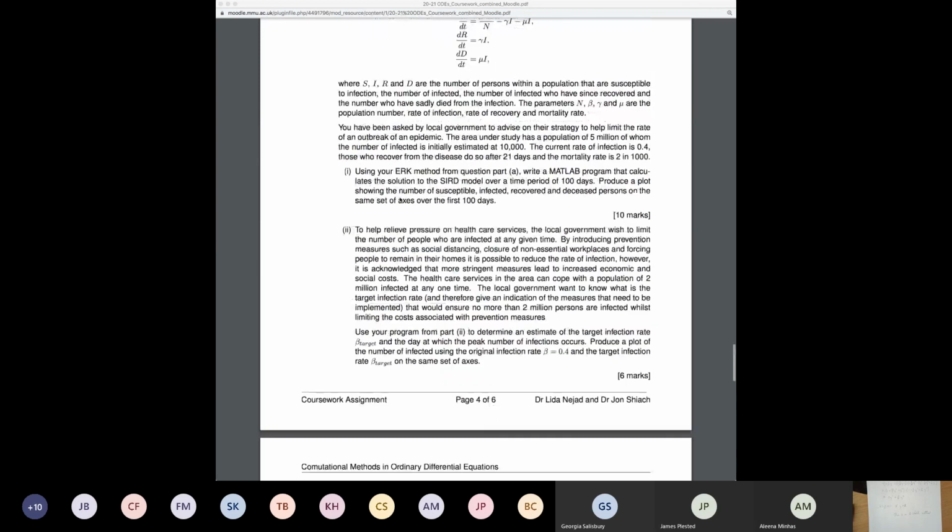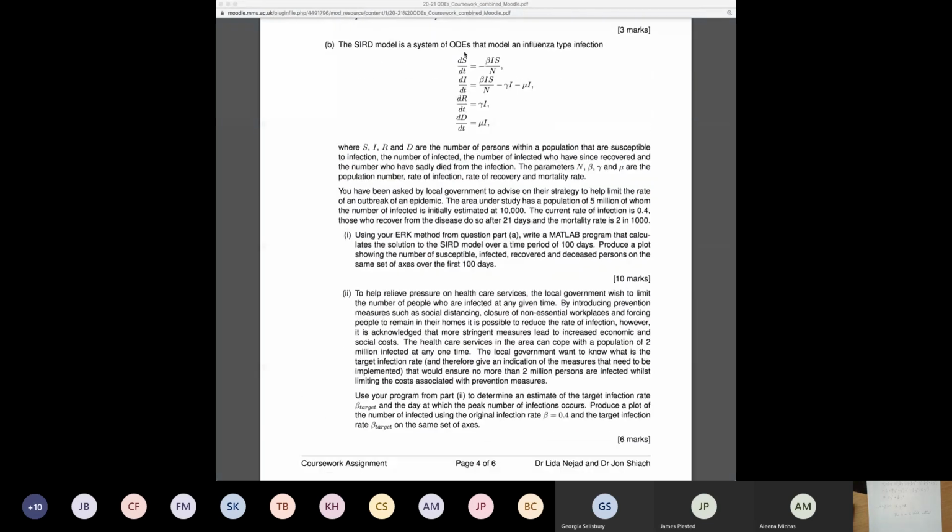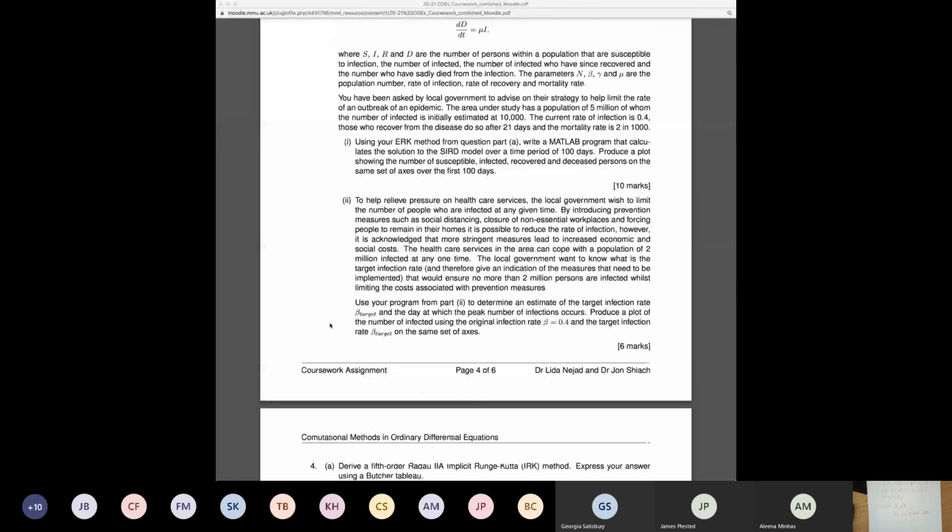The second part of part B is what we call a numerical experimentation. I think I mentioned this in the past. You're asked to find what is the target rate for infection, beta target, I've called it here, that ensures that no more than 2 million persons are infected. Now, how you do that is up to you. There's no right or wrong way to do that.